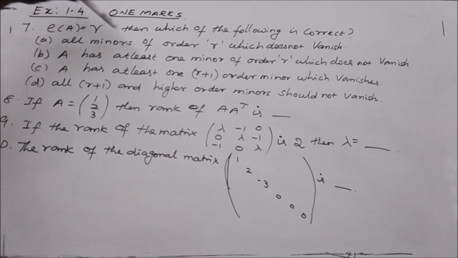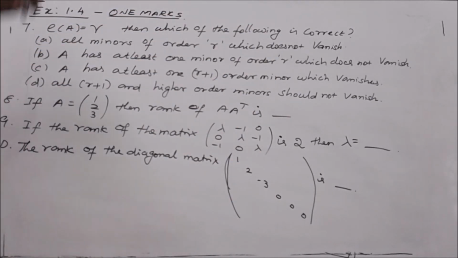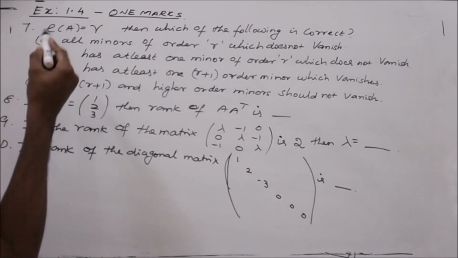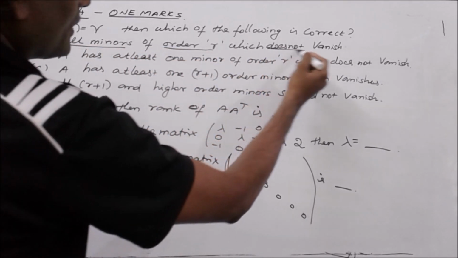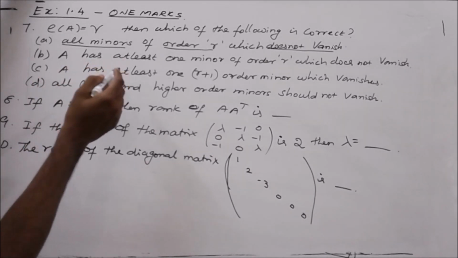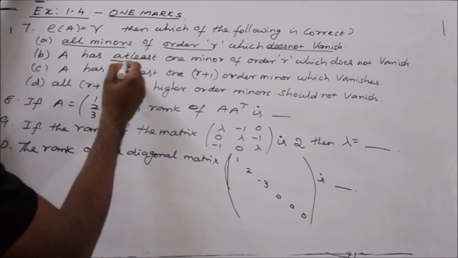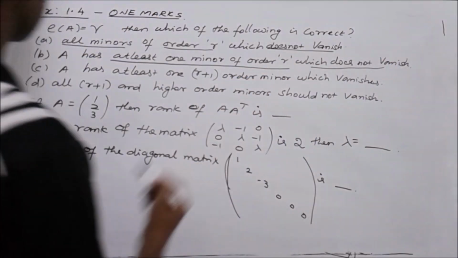First option, all minors of order R do not vanish. Note it: all minors of order R do not vanish. Second, A has at least one minor of order R which does not vanish.